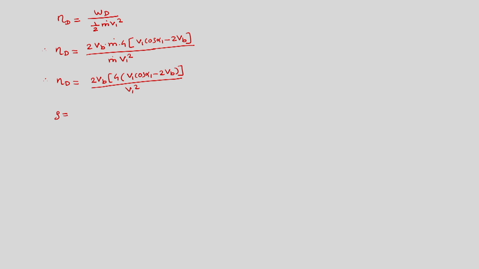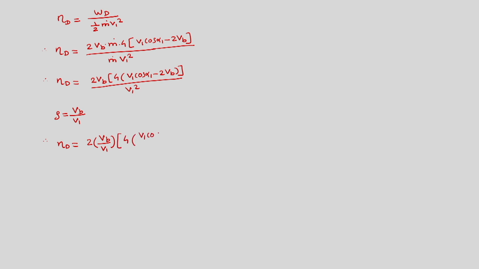Now let us say that rho is equal to Vb upon V1. So we have diagram efficiency equal to, we will make it a point here, Vb upon V1. One V1 is given here and the other V1 we will keep inside.